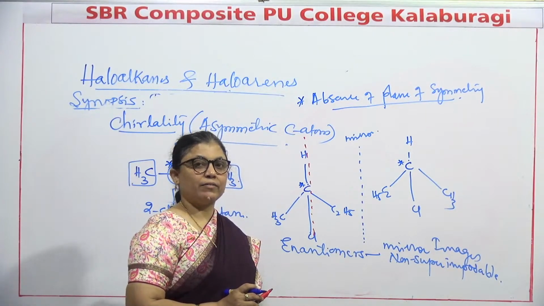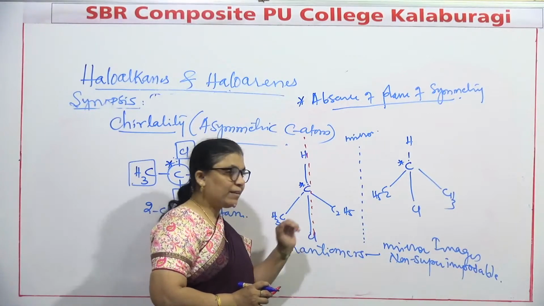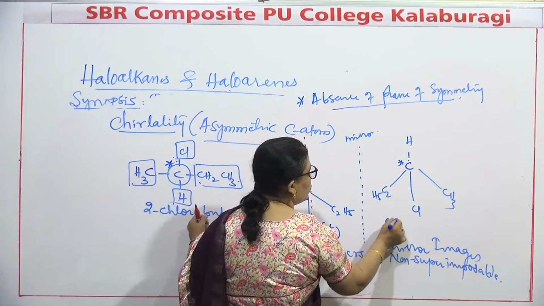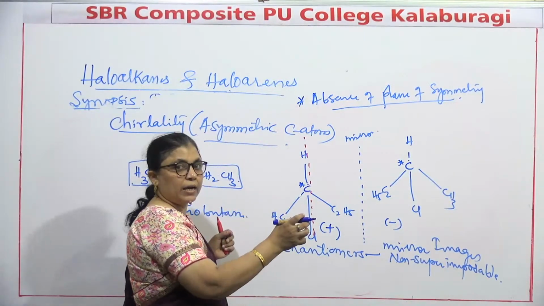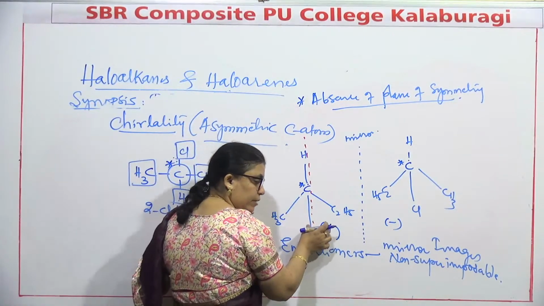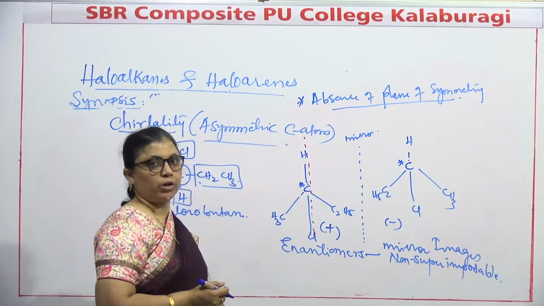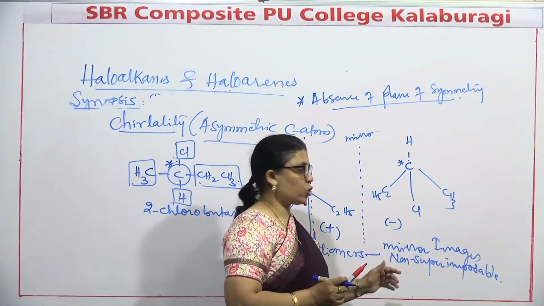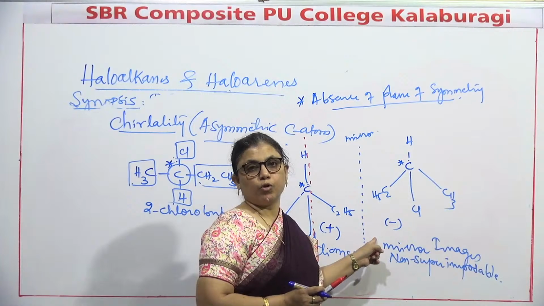Now, one more thing arises when we are dealing with enantiomerism. If one is dextrorotatory and the other is levorotatory, the dextrorotatory molecule rotates by a specific rotation in a clockwise direction, and the same magnitude occurs with levorotatory.